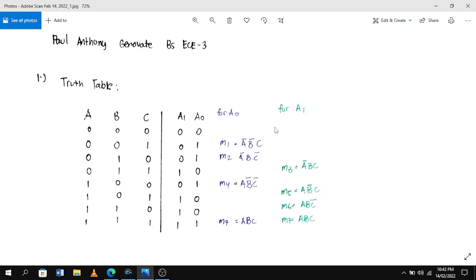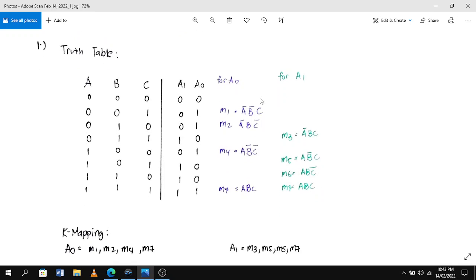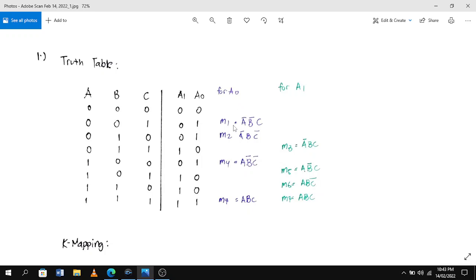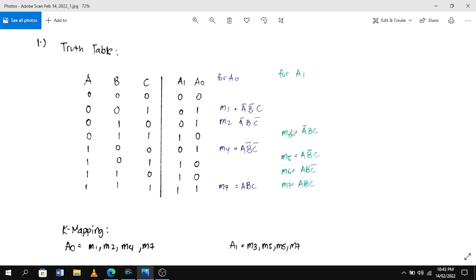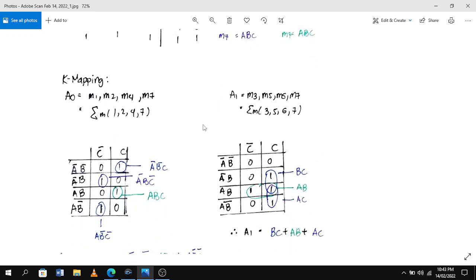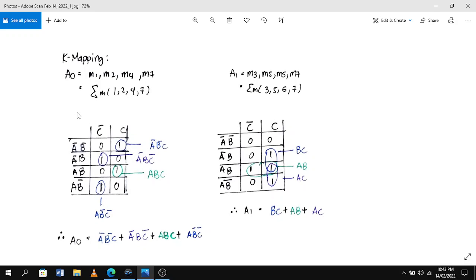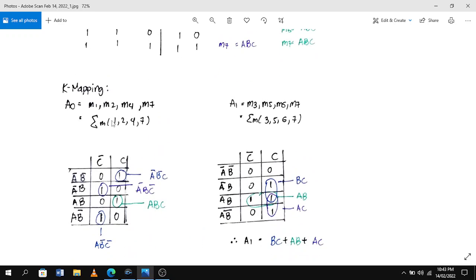So to implement the design, we must have the K-map. For A0, we have the min terms M1, M2, M4, and M7. And for A1, we have M3, M5, M6, M7. So further proceeding to the K-mapping, for A0 from the truth table, min terms of 1, 2, 4, 7.